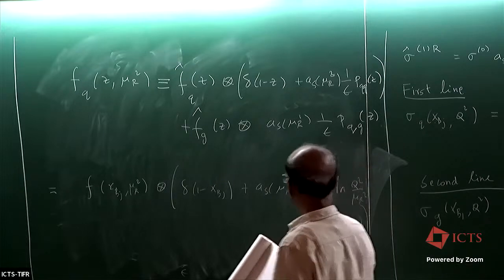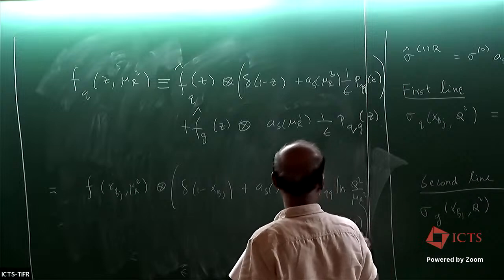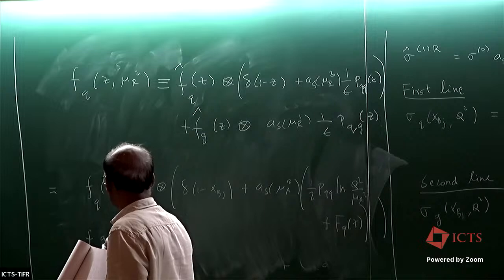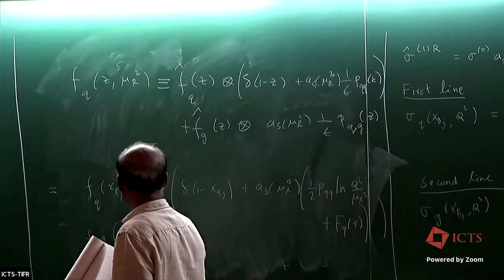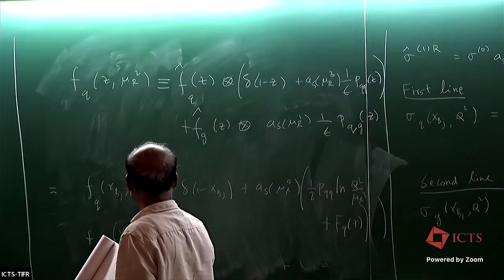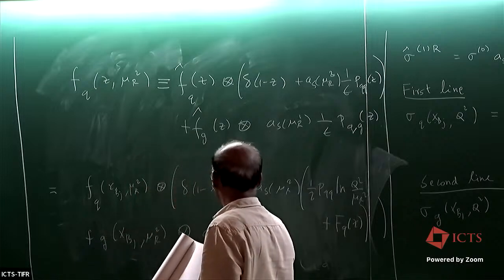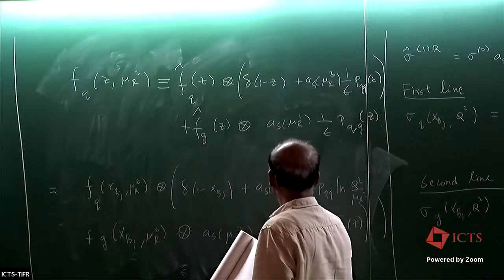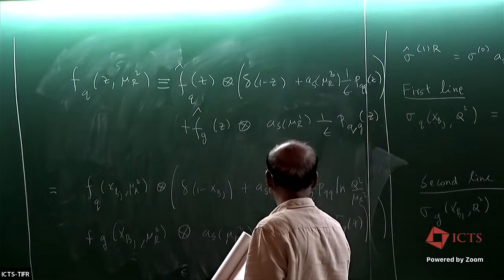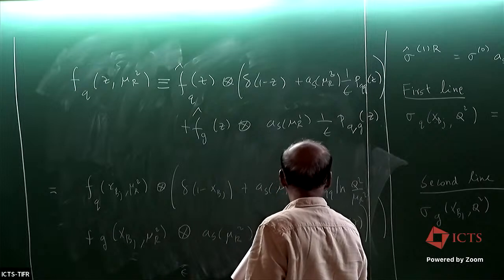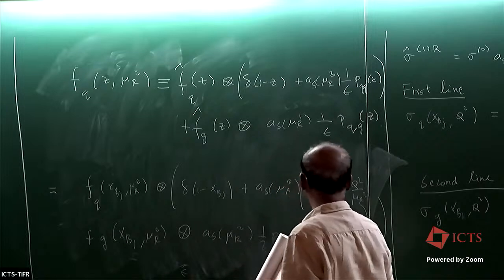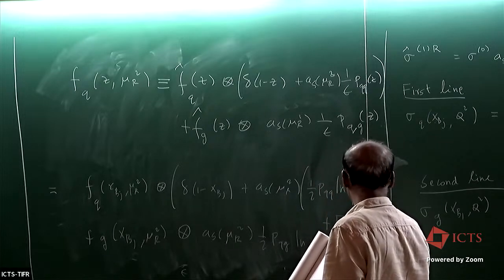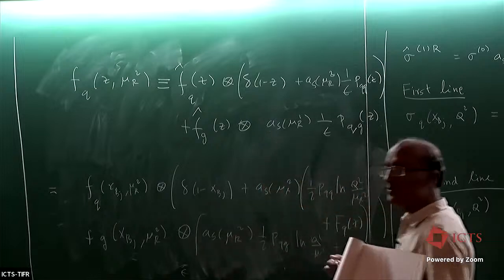It's finite. Okay, this is the first term, plus F_G at x_Bj, mu_r squared, convoluted with alpha_s of mu_r squared into 1 by 2 P_QG of log of Q squared over mu_r squared, plus F_G of z.